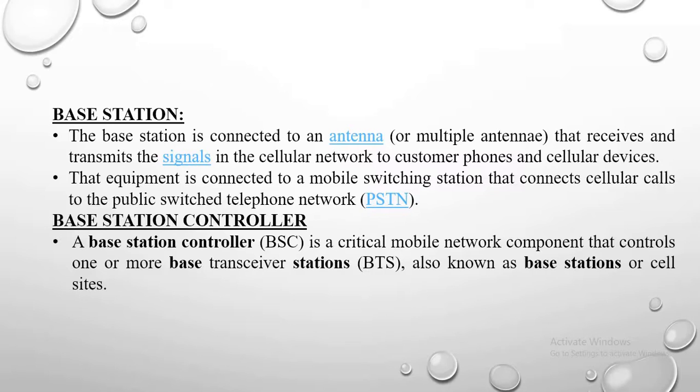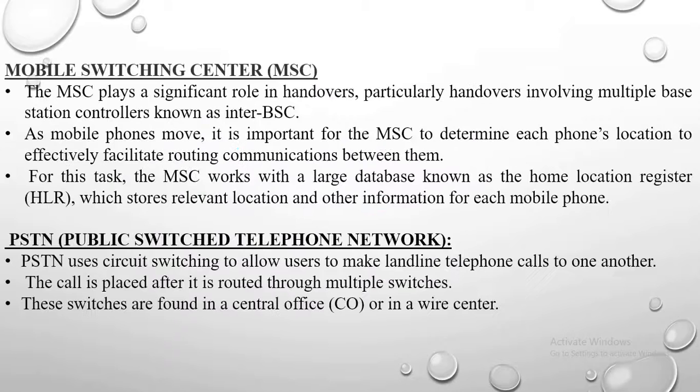It controls the signals, takes the information from those signals, and connects it to the mobile switching center. A mobile switching center plays a significant role. It is going to have each phone's location.